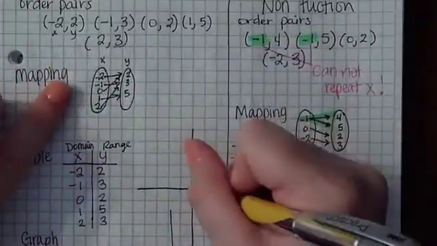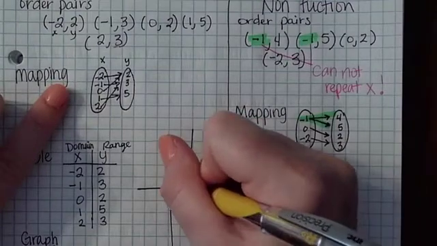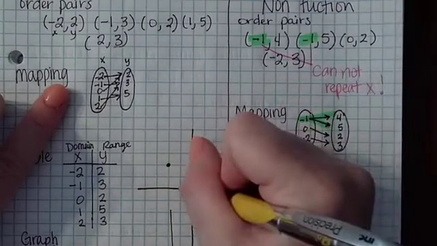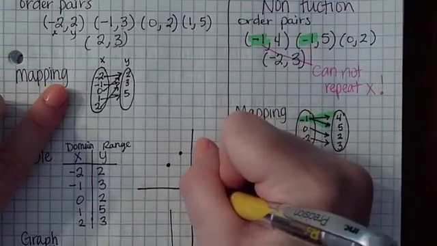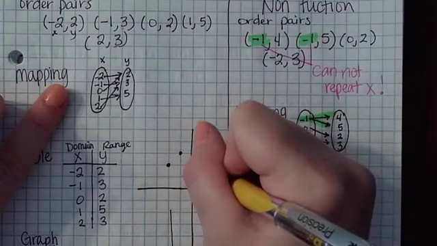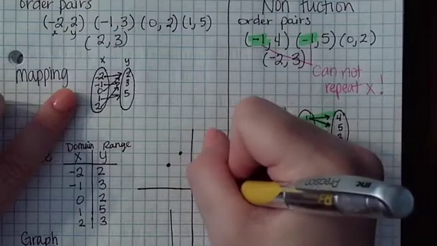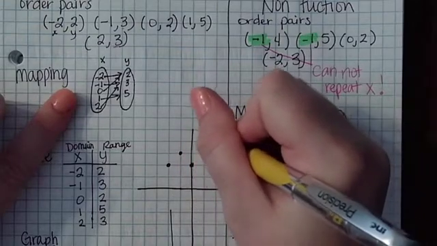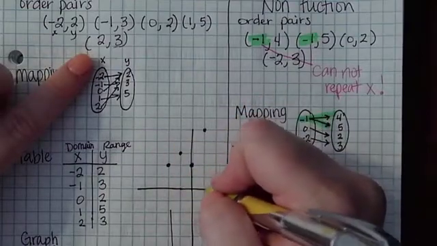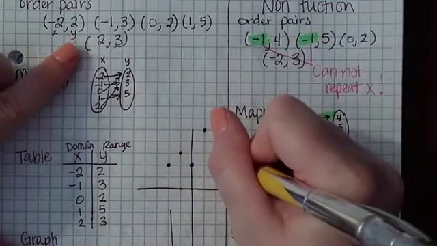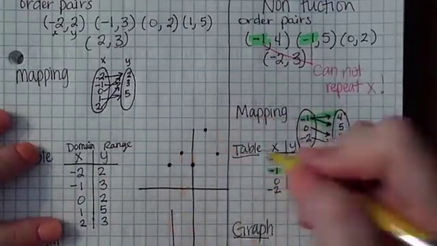So I'm going to go -2, so 1, 2, up to 1, 2. I'm going to go -1, go up 1, 2, 3. I'm going to go 0, 2, 1, 2, 1, 5, 1, 1, 2, 3, 4, 5, and then 2, 3. 1, 2, 1, 2, 3. Okay.